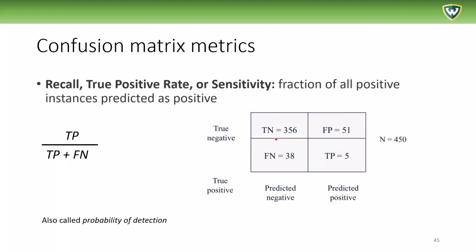Now we have this important measure called recall. Recall, also called true positive rate or sensitivity, is the fraction of all positive instances predicted as positive. So here we're giving a focus to the positive, okay? And notice that the numerator is the true positives, and the denominator is the true positives plus the false negatives. So we're emphasizing this area over here.